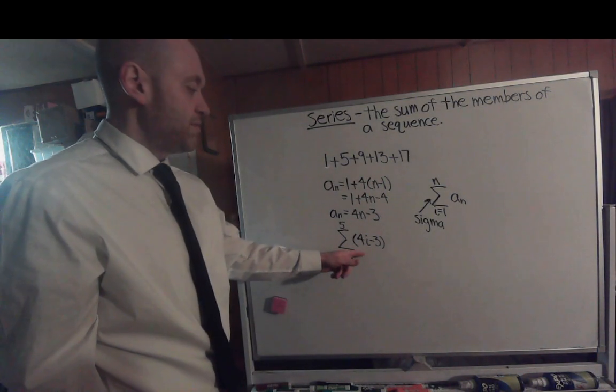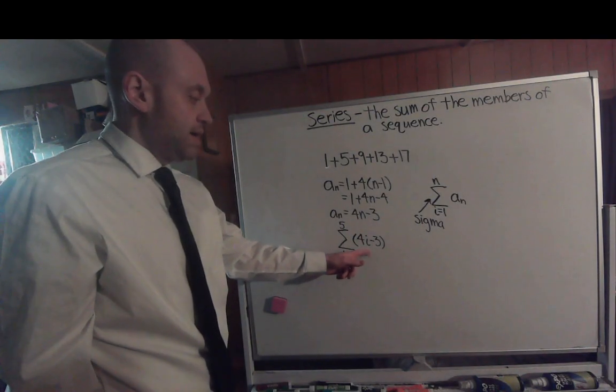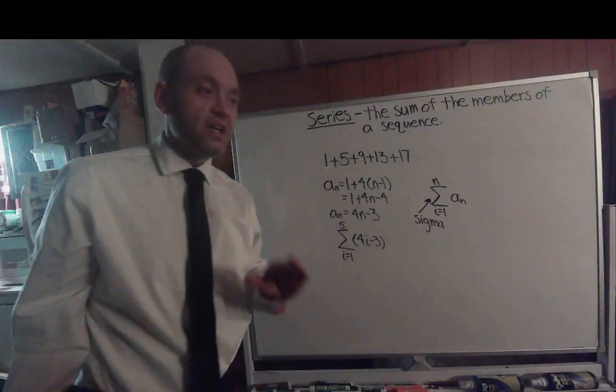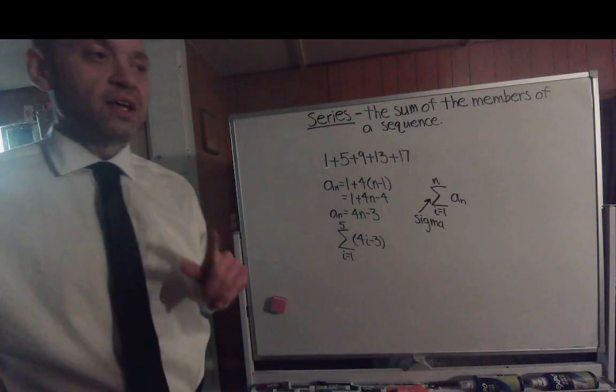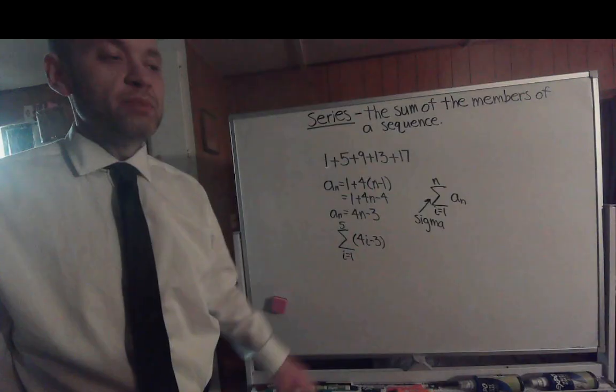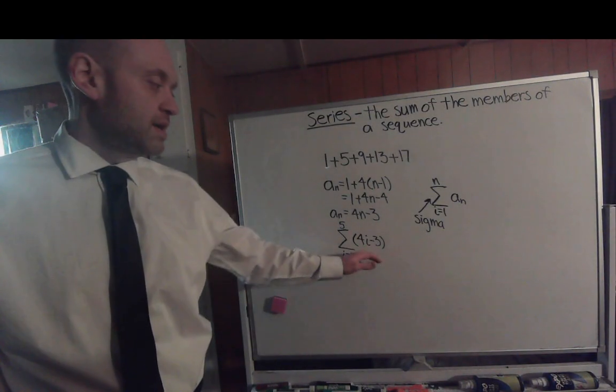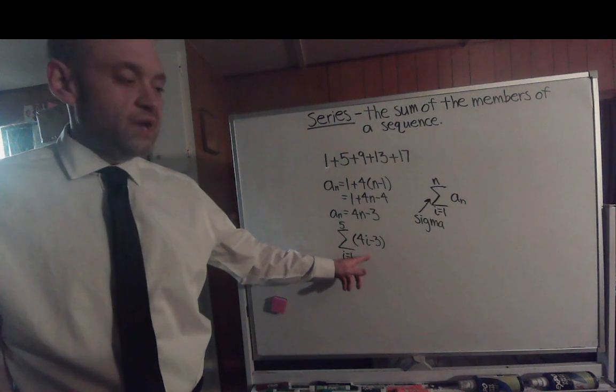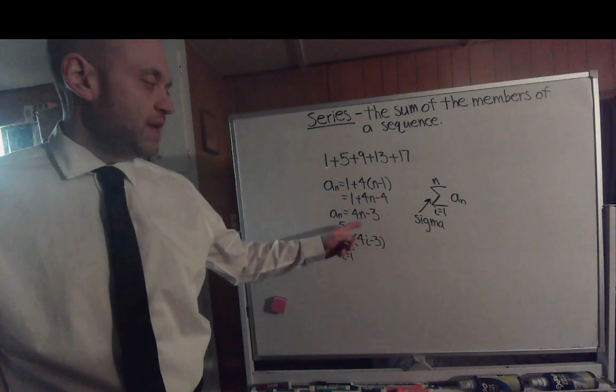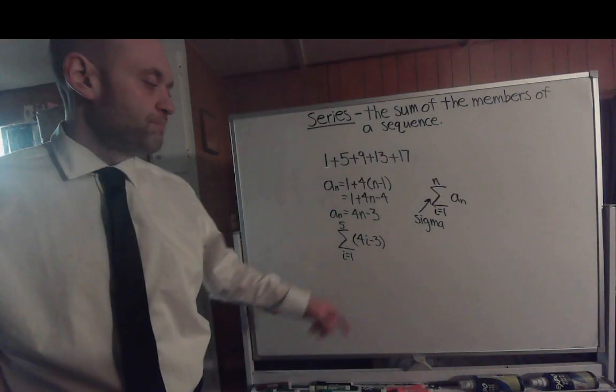And then you would have 4i minus 3. So this is the only exception to the rule of using the letter i. When they say i, they don't mean the imaginary number. They mean the initial value, or whatever value you're putting into the n.